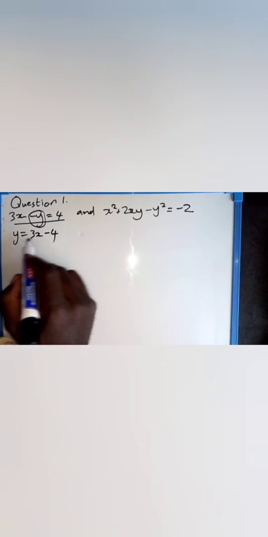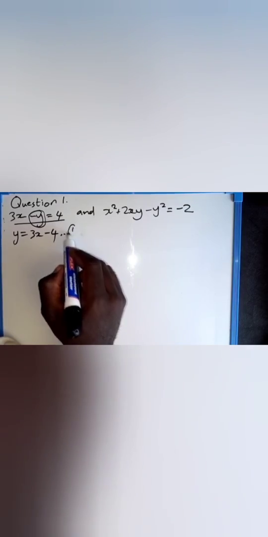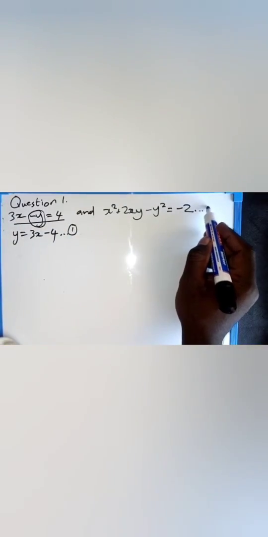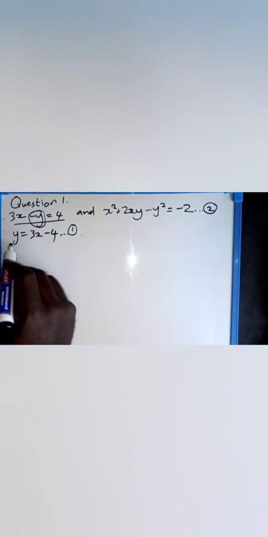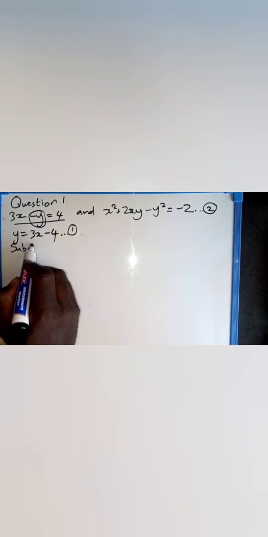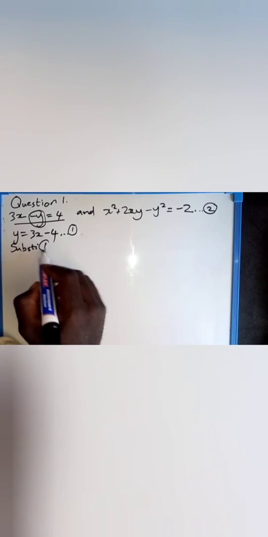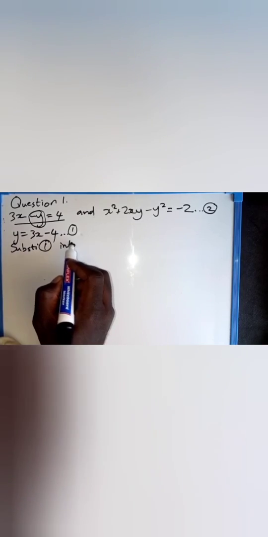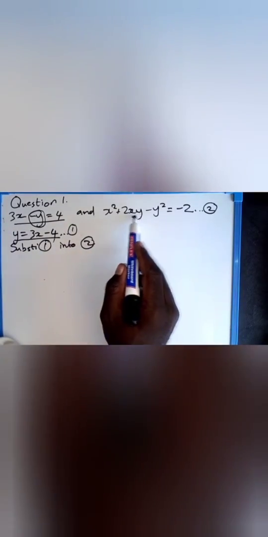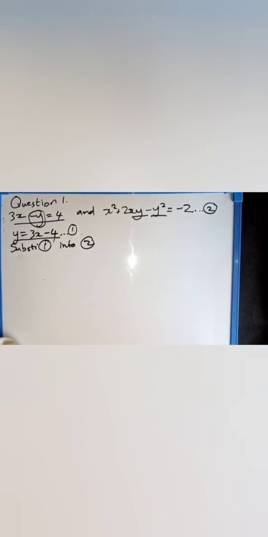Right, so this is my equation. I'll say this is equation 1, and this here is equation 2. So now I'll substitute equation 1 into 2. I've got y is equal to 3x minus 4. I go to my y's here and I substitute 3x minus 4.